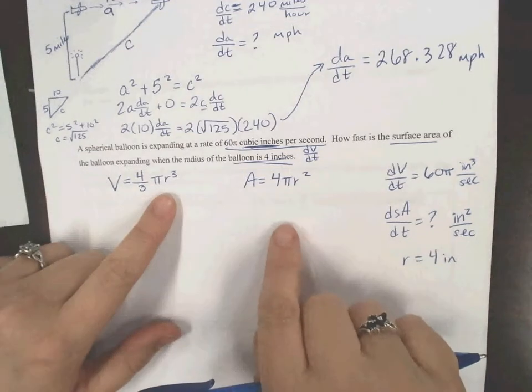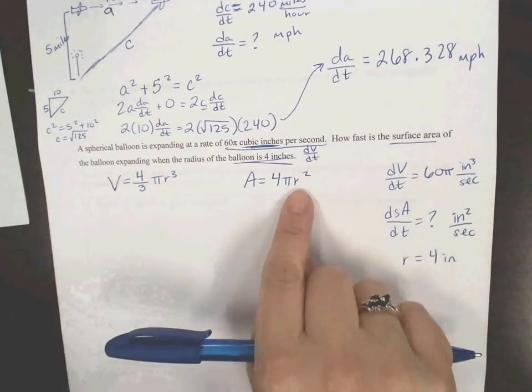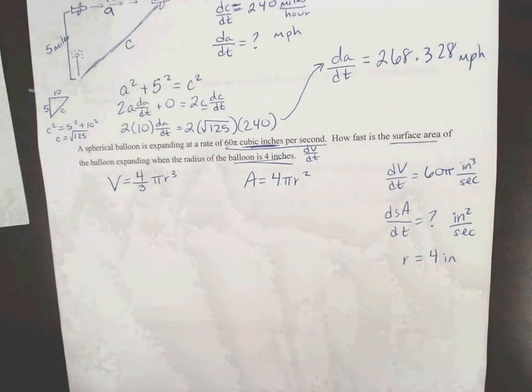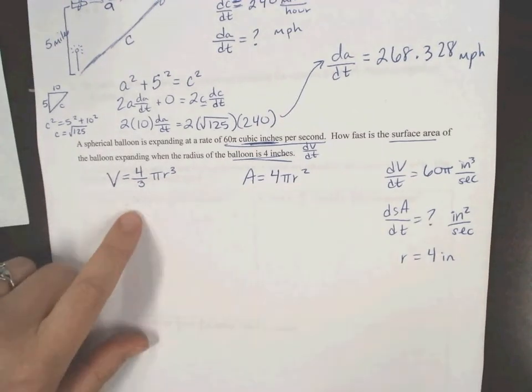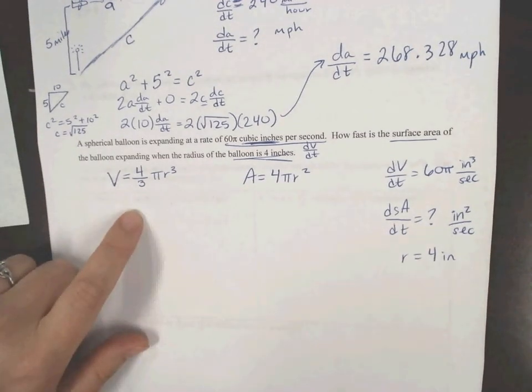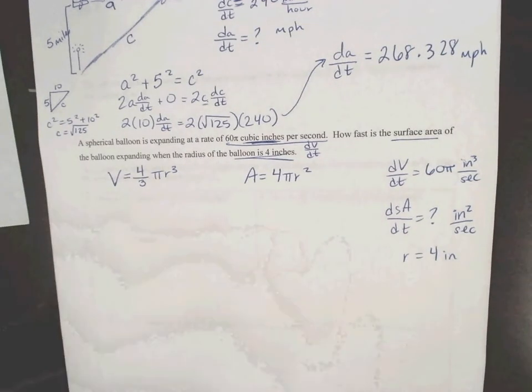These are both in terms of r. So what I can do is take the derivative of both of the equations, and then I can solve for dr/dt in one of them and use it in the other. I imagine that sounds a little bit tricky.